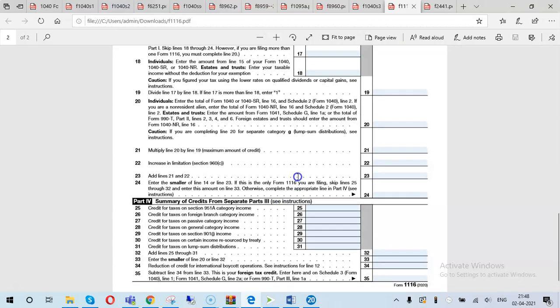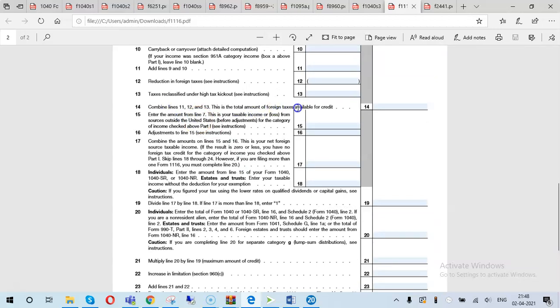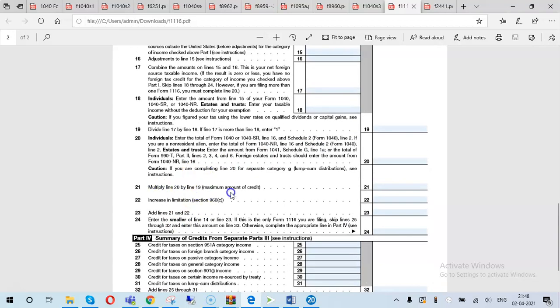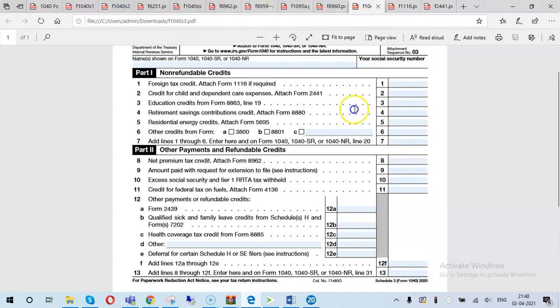Line number 14 is foreign taxes available for credit, and line number 21 is the maximum amount of credit. Whichever is lower should come to line number 24, enter the smaller of line 14 and line 23. This line 24 amount should flow to Schedule 3, line number 1.